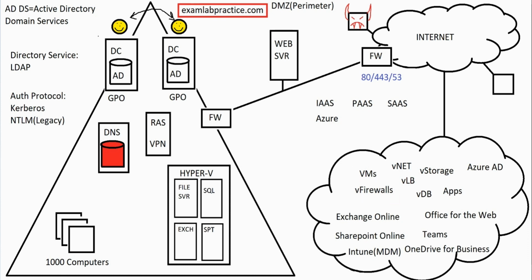Now, I will tell you that Azure definitely has some platform as a service technologies and some software as a service technologies, but the main type of system that Microsoft has created for platform as a service and software as a service is called Microsoft 365.